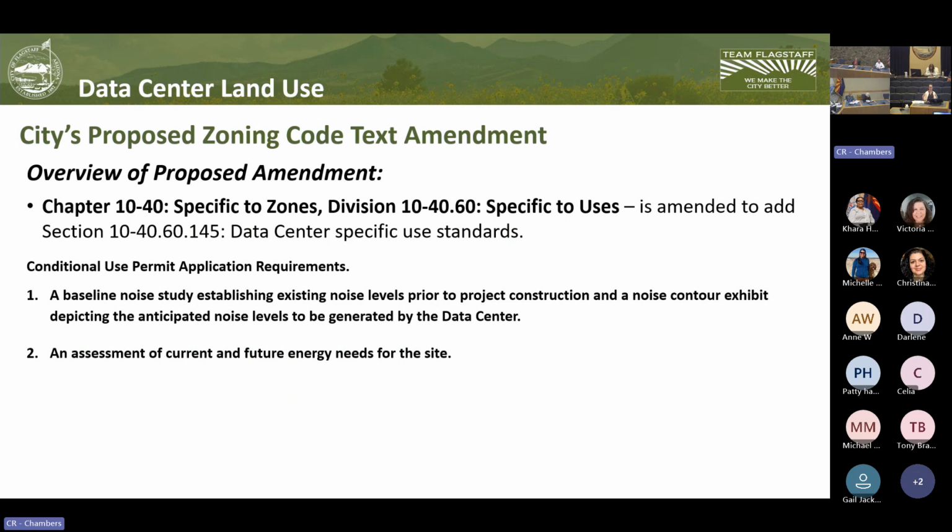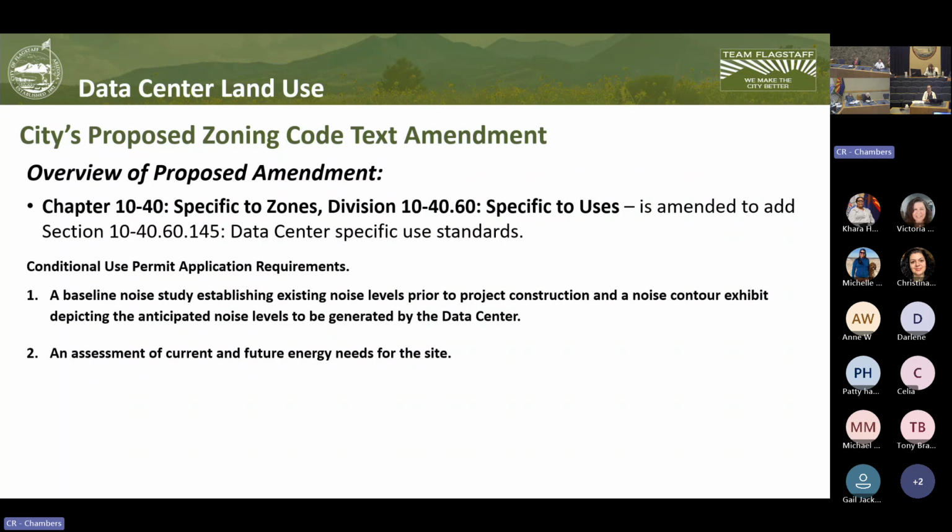That one is a little bit harder for us and a little bit nebulous because we don't manage that utility. So we will ultimately have less control, but we're looking for our local utility providers to give us feedback on whether or not they can serve, or how much infrastructure would have to be added in order to service a particular data center if one was requested.